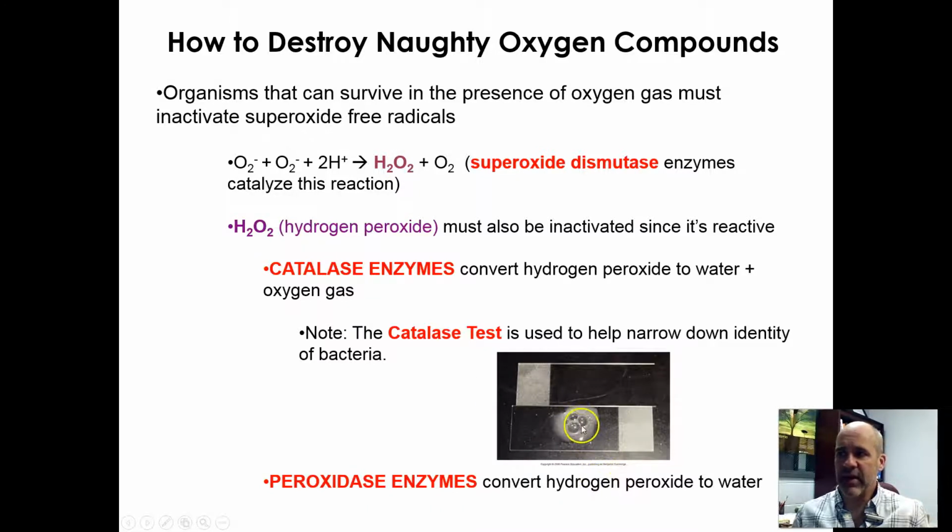If those bacteria have catalase enzymes, that H2O2 will get converted to water and oxygen gas. So it'll bubble. You'll see these oxygen gas bubbles being given off, and that lets you know that that organism is positive in the catalase test.